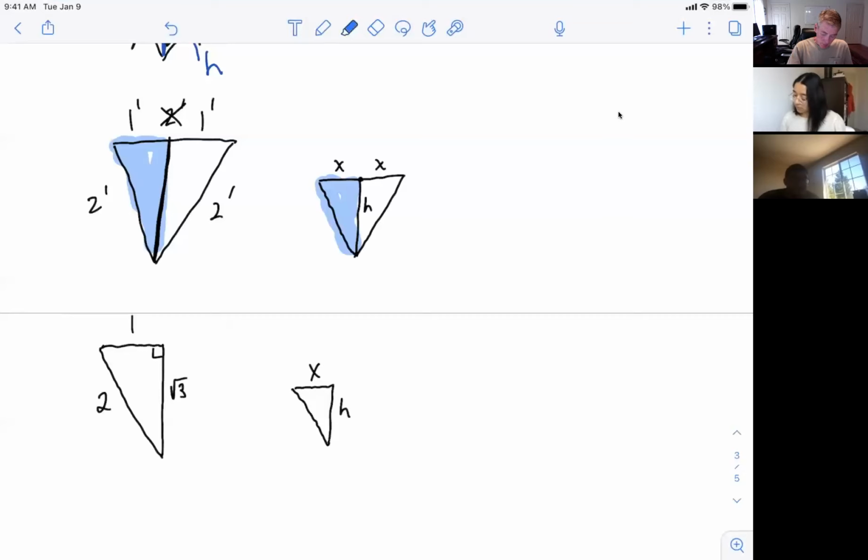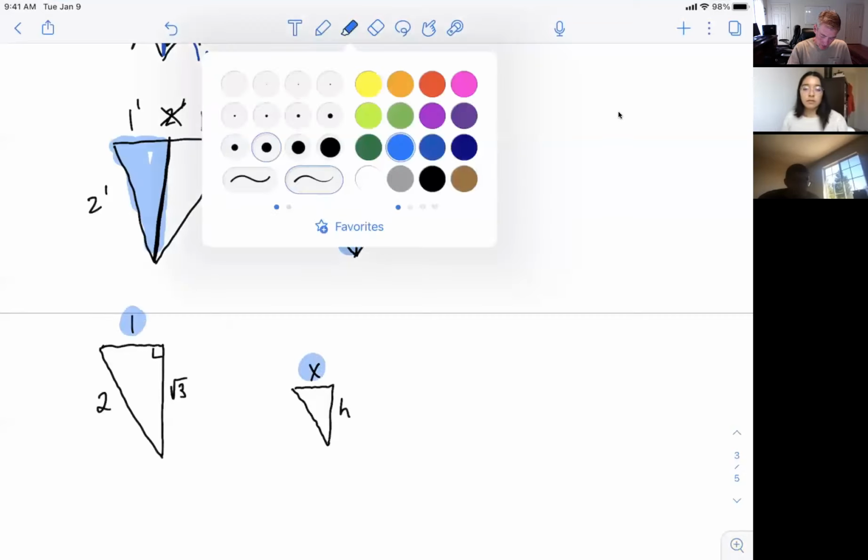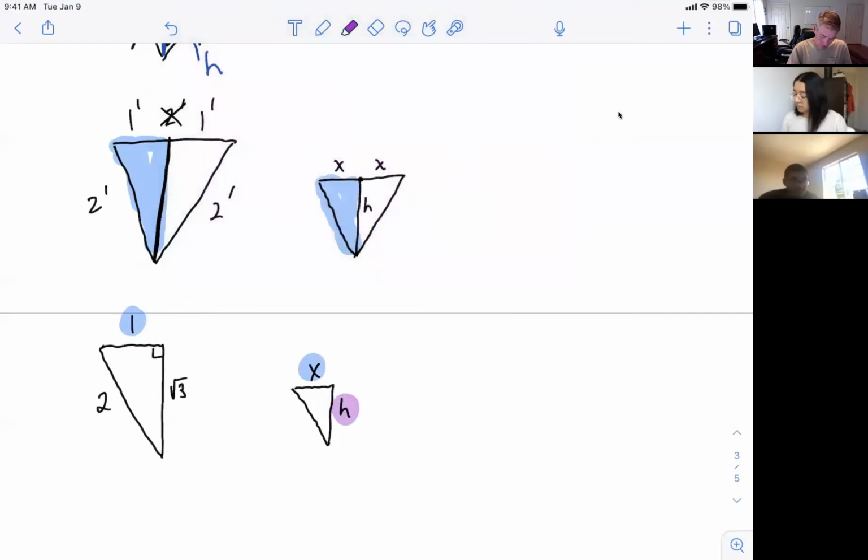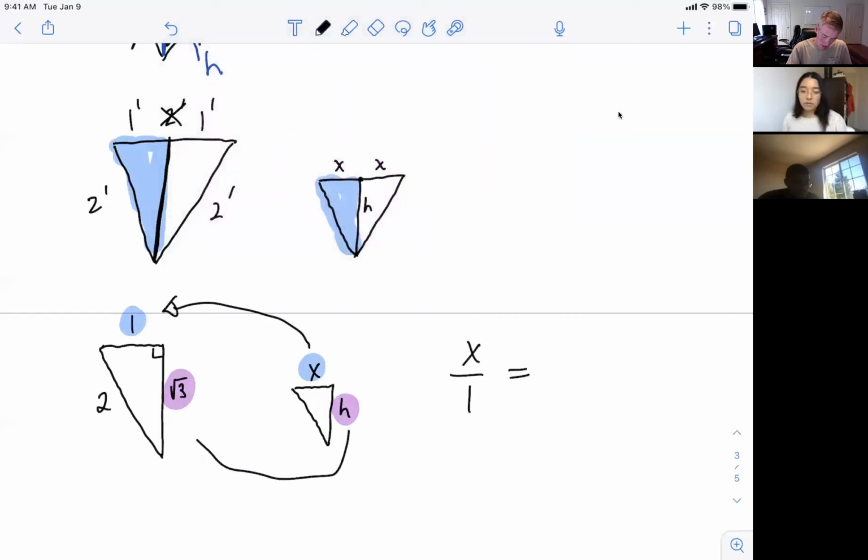And then I could do proportions. So X compares to 1, just as H compares to the square root of 3. So X compared to 1 equals H compared to the square root of 3.